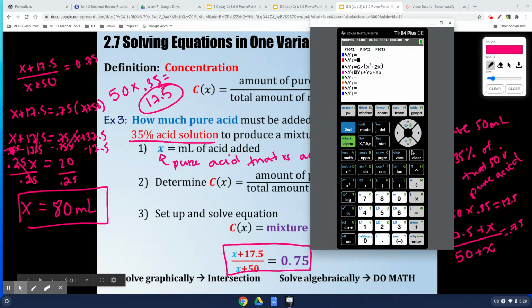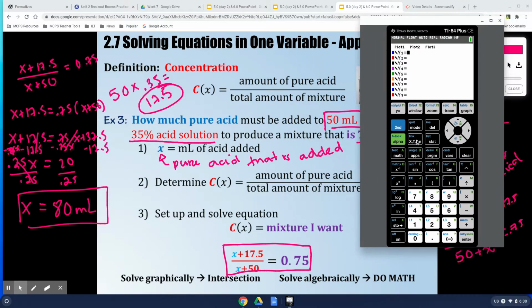Graphically, let me just clear this. I'm going to say X plus 17.5 divided by X plus 50, and let's see where that intersects with 0.75. Go ahead and graph it.